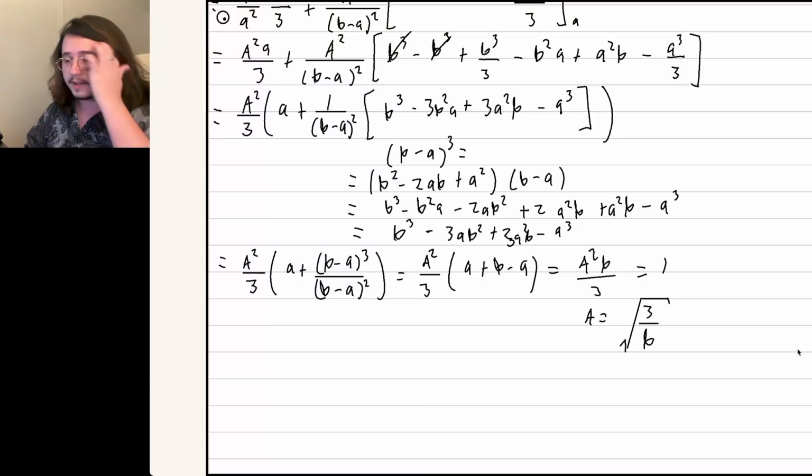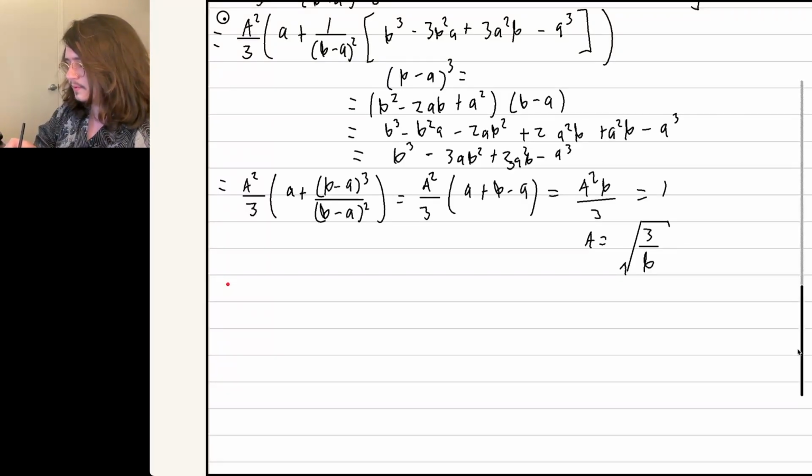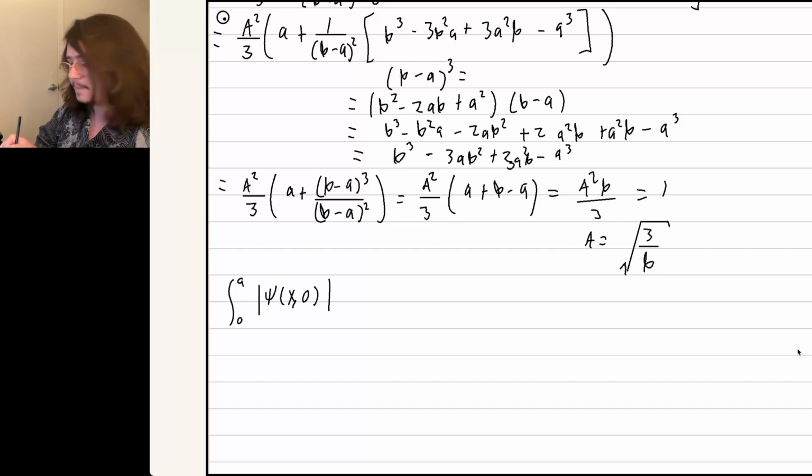If you wanted to find the probability of finding the particle to the left of a, well, then it's much the same process. It's just now we have a normalization factor, so we can actually do it. So now we're just integrating from 0 to a the square modulus of the wave function, right?